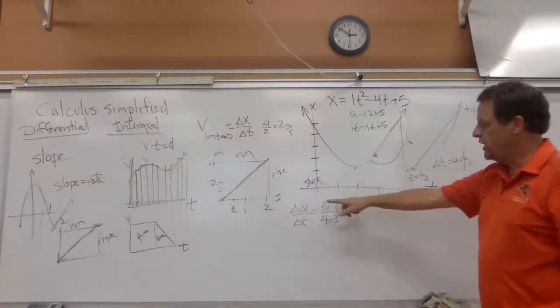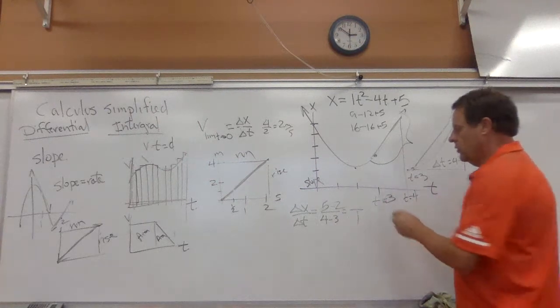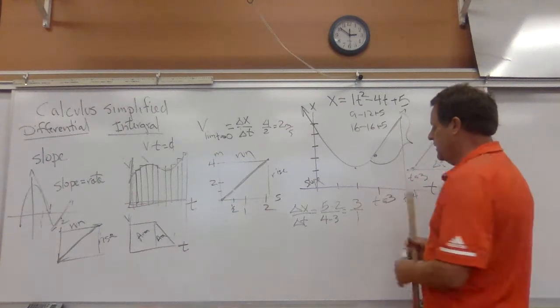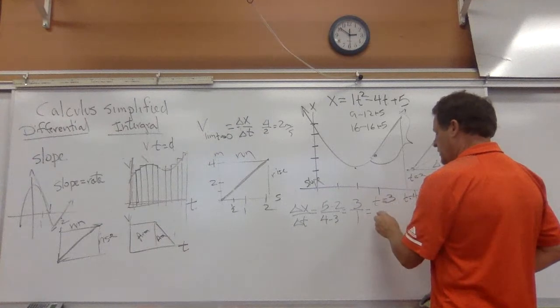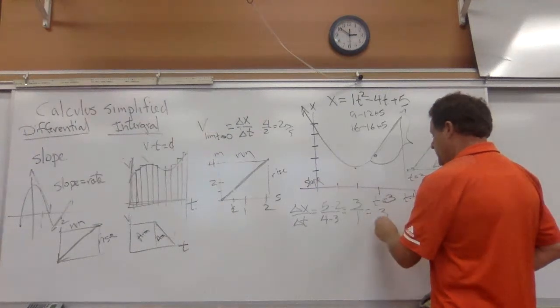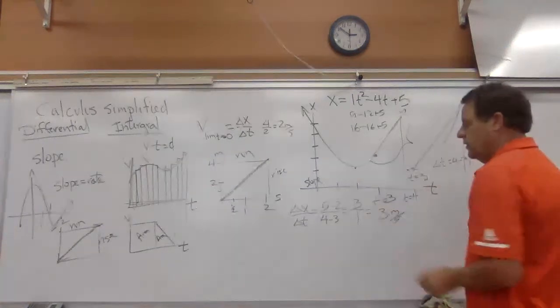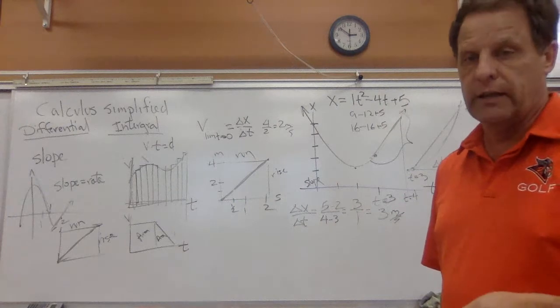So now our change in x is 5 minus 2, which is 3, divided by our already found 4 minus 3. So our rate there, the slope, is 3. And because this is time and position, we're going to get meters per second.